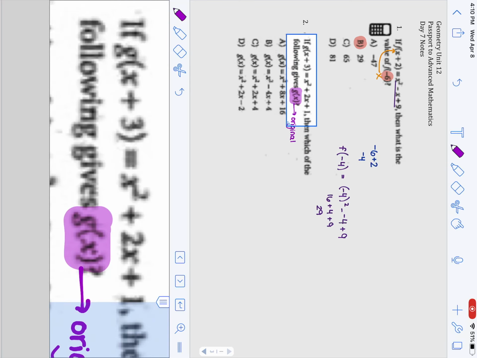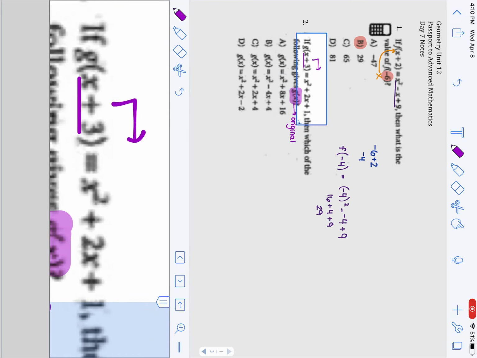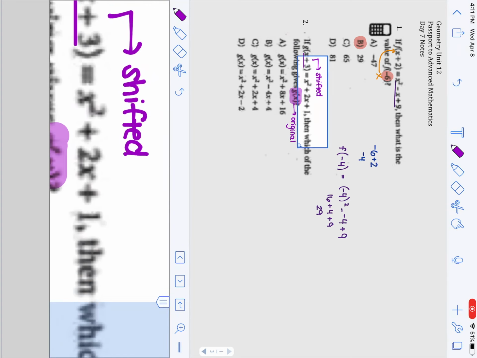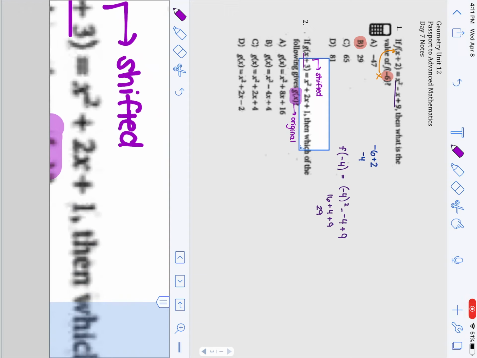And then g of x plus 3 is the same function g, but it's shifted over. Since we're adding 3 to x, the shift is horizontal on the x-axis. And remember that shifts on the x-axis are opposite to the sign. So x plus 3 really means it's shifted to the left 3 units.